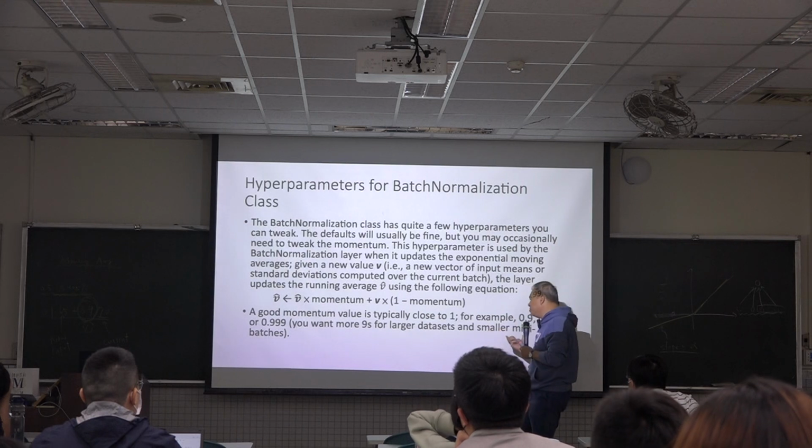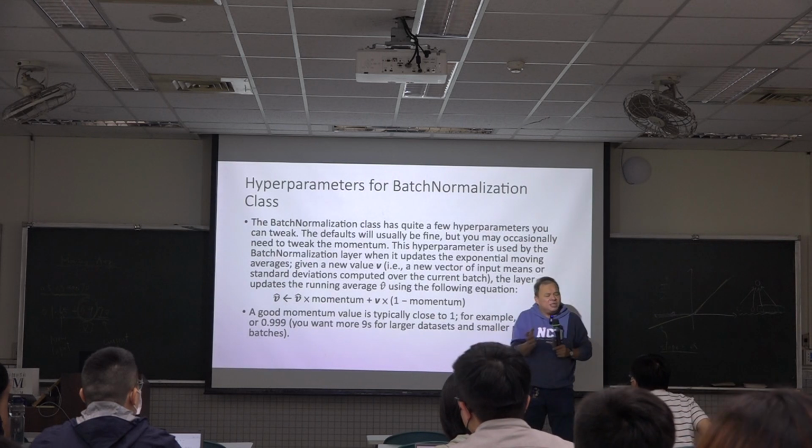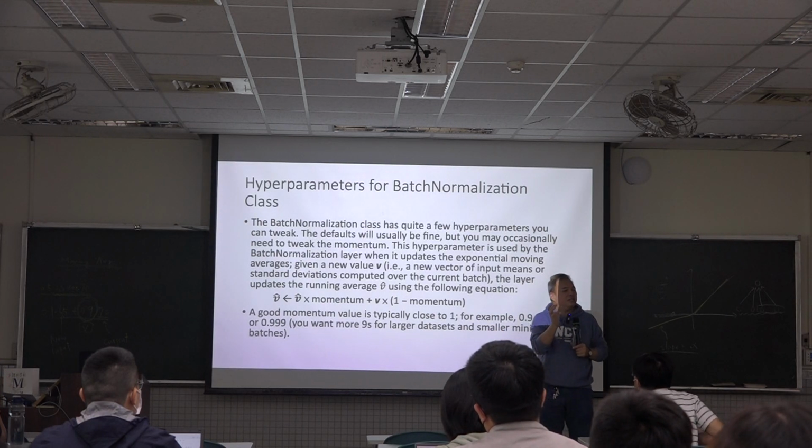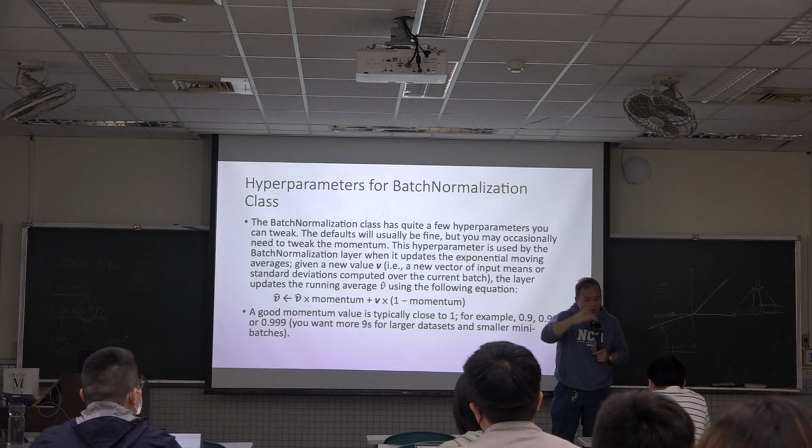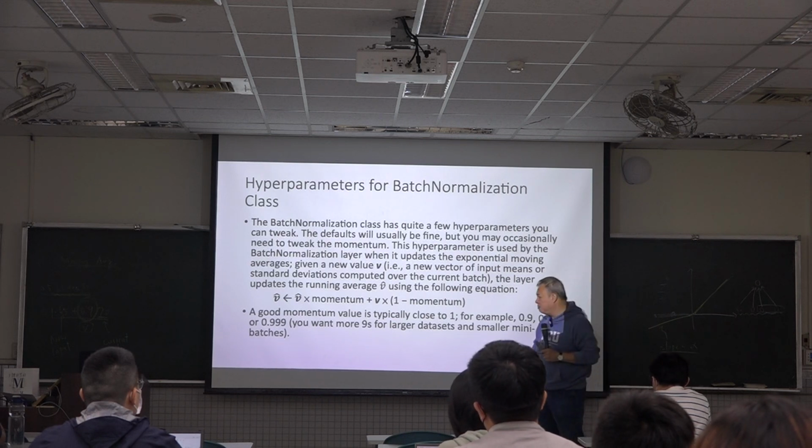A smaller mini batch means the new instances' values are not that trustworthy, so you put a lower weight on them.